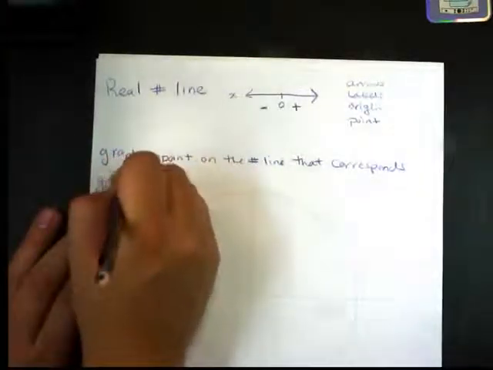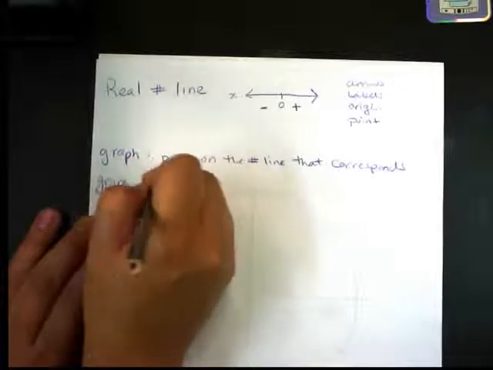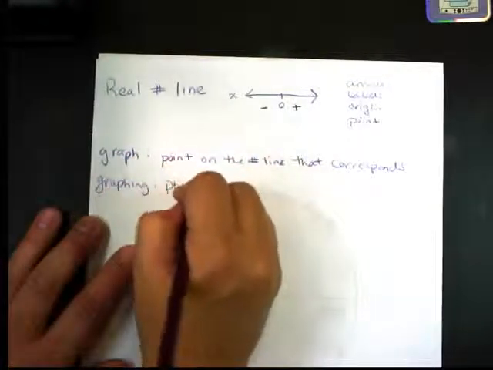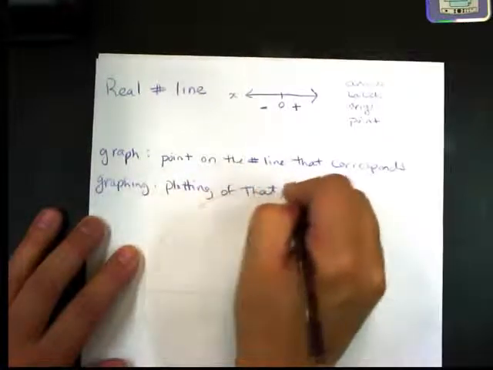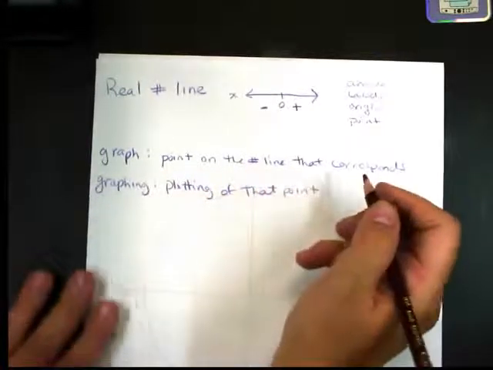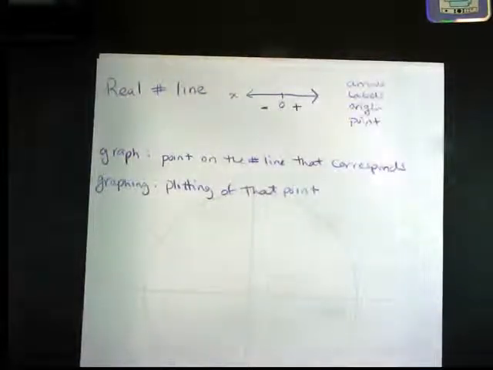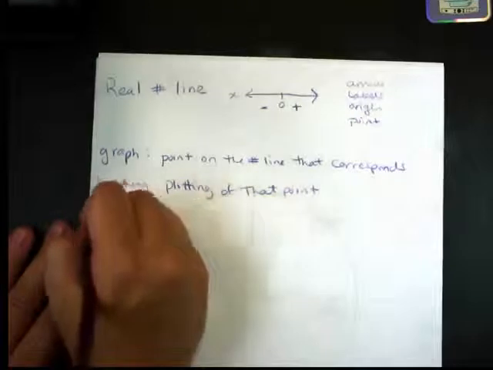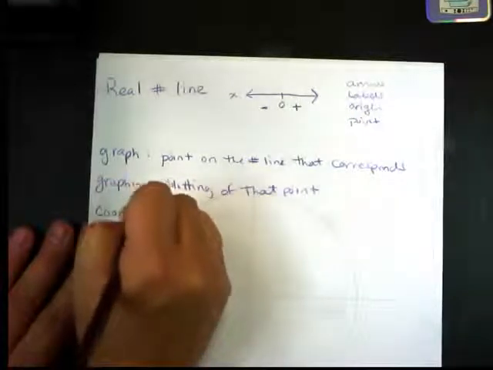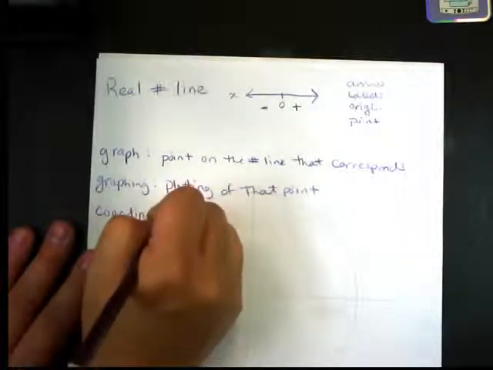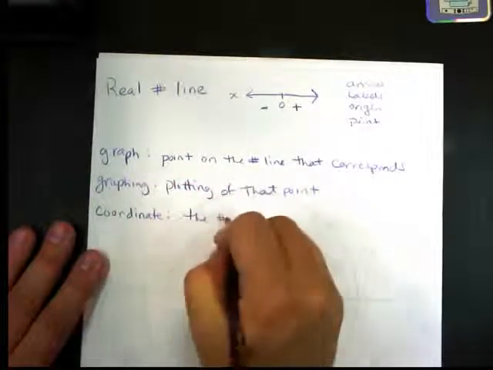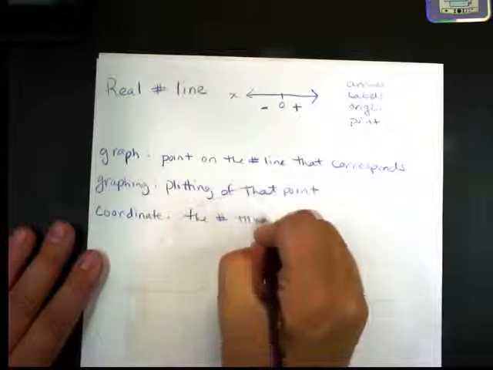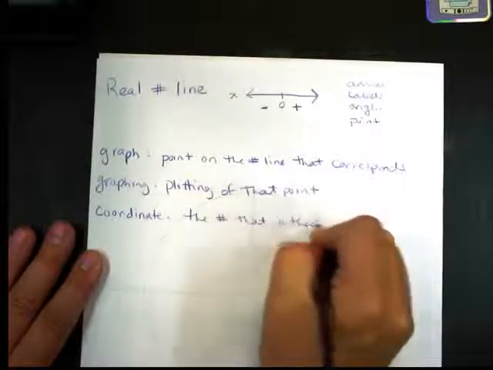Graphing is the actual plotting of that point. Coordinate is the number that is that point.